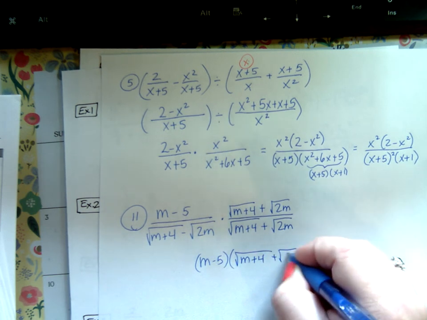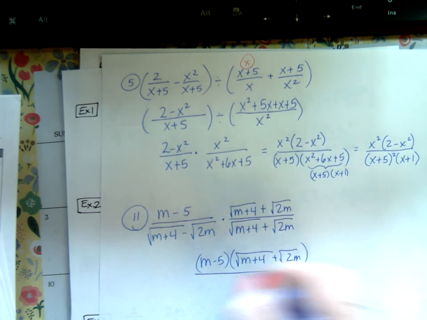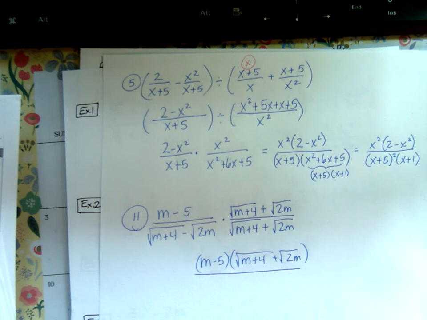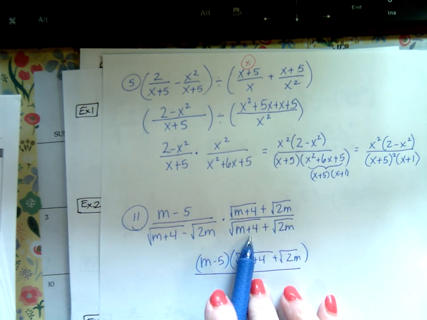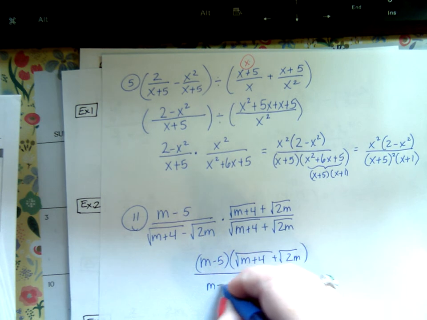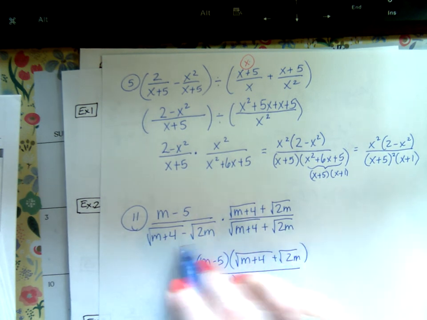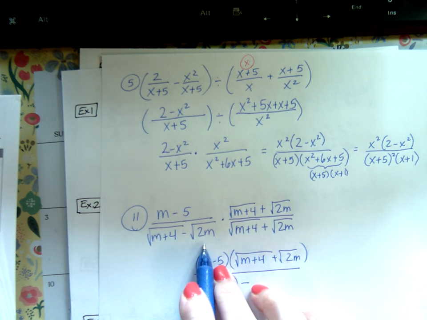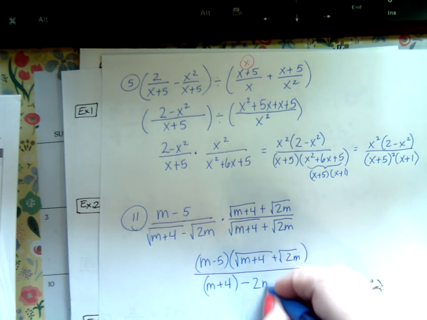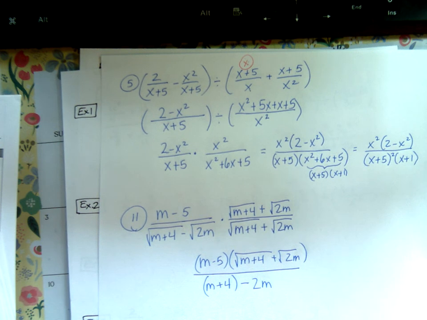On the bottom, square root of m plus 4 times square root of m plus 4 is m plus 4. Positive, negative is negative. Square root of 2m times square root of 2m is 2m. And so then I just combine like terms.